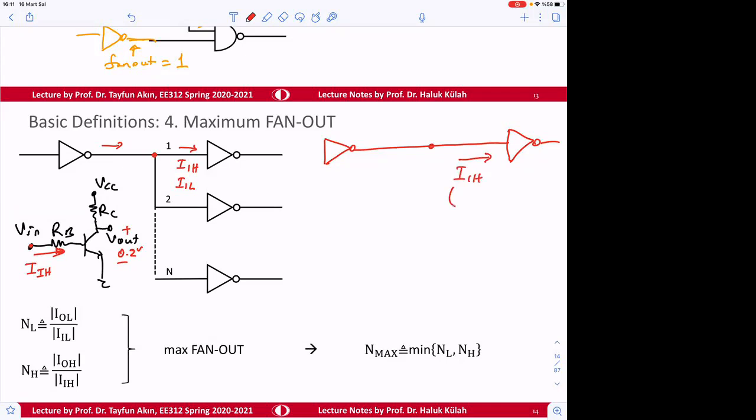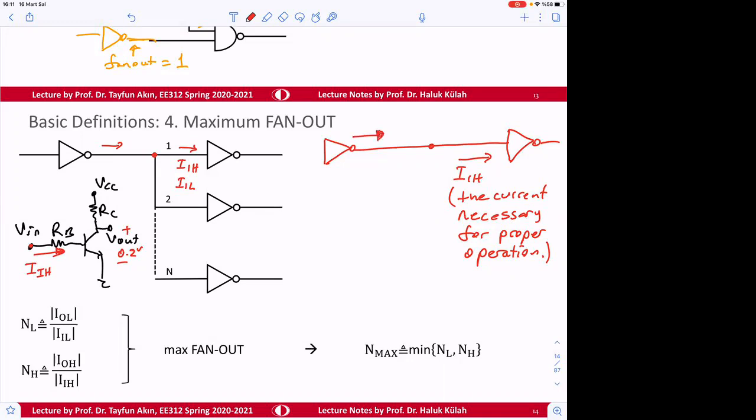That means the current necessary for proper operation. Okay, so that current is necessary.